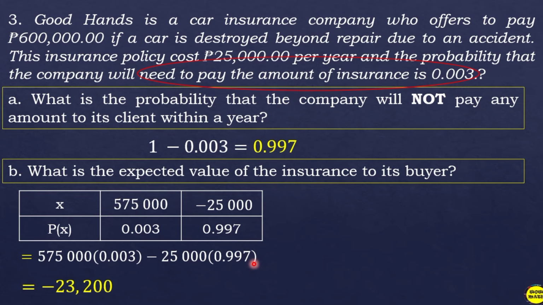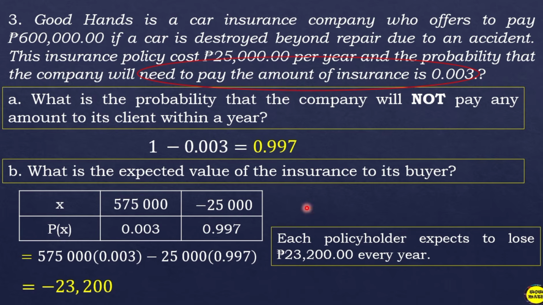Okay, so it is not actually negative. We just represented the negative as the loss of 23,200 every year. So, each policyholder is expected to lose 23,200 pesos every year. So, that is the representation of the negative there. Okay?